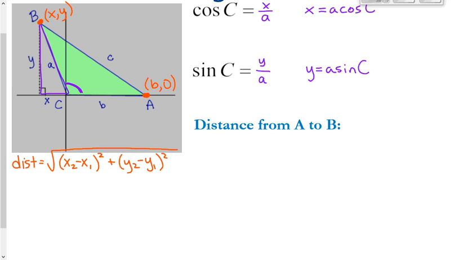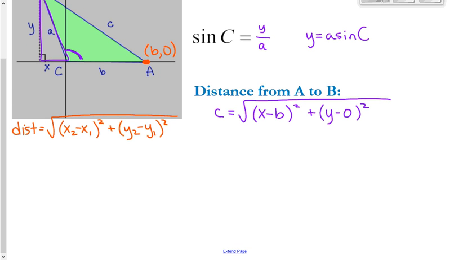Okay, so using our points, the distance from point A to point B, which is little c, is the square root of, the difference in the x-coordinates would be x minus b, and that gets squared, and the difference between the y-coordinates would be y minus 0, and that gets squared. And now we simplify this. So I'm going to square both sides of the equation, and that gives me c squared equals x minus b quantity squared plus, and then y minus 0 can be written as y, so just y squared.